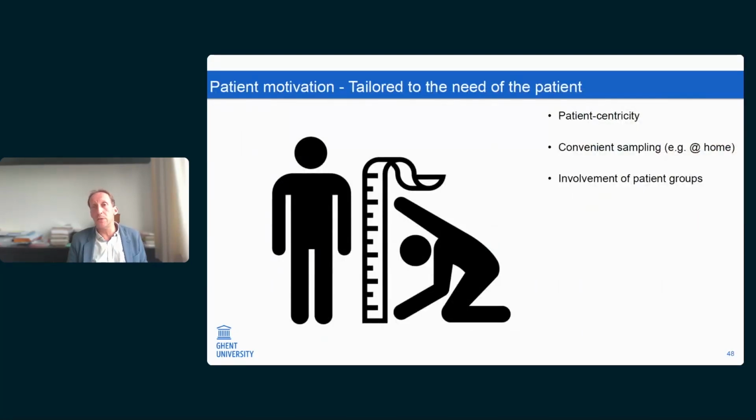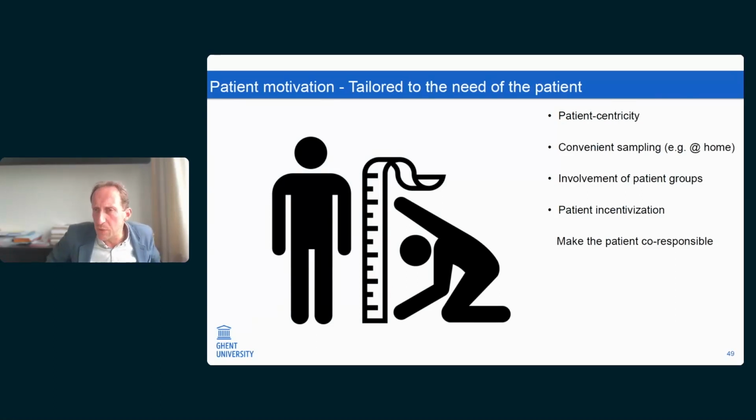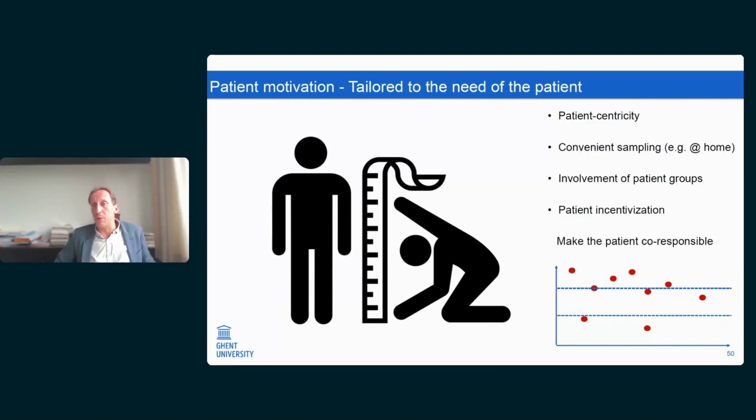And also, if you look at the patient's motivation, it's really important to make the patients co-responsible for their results. For instance, if you envisage a patient with longitudinal measurement results like this, and you give the patient insight into his or her results, then this patient may see, okay, this is what I normally should be between these two broken lines, and this is what my results look like.